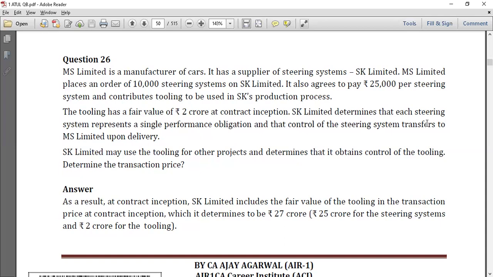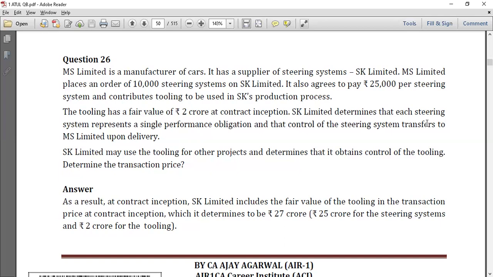Next, what is the answer for this? How will you determine the transaction price? Here, at the contract inception, the beginning of the contract, SK Limited will include the fair value of the tooling in the transaction price at the contract inception, which it determines to be 27 crores.